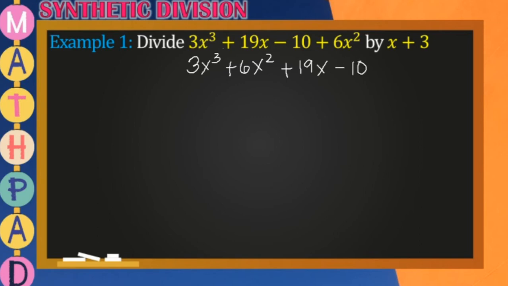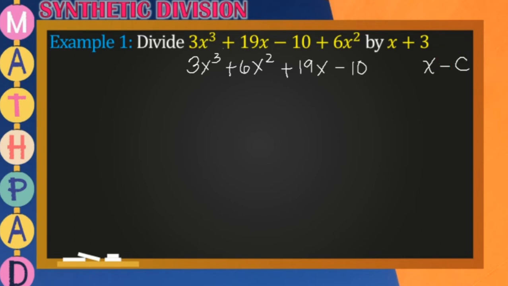Okay. Now, our divisor is already written in standard form, but we have to express this in x minus c form. Ano ibig sabihin ng x minus c form? C stands for the constant. Kailangan minus yung operation natin kasi ang kukunin lang natin ay yung value ng c. Ang kailangan natin yung value ng c. Okay?